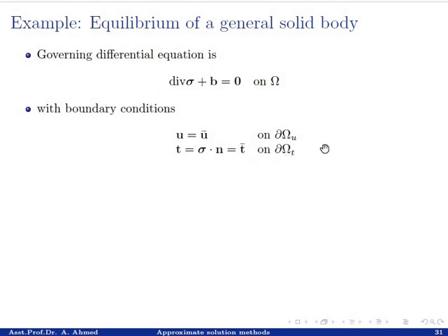You can compare this equation with the differential equation which you developed for the axial bar, and you will see that these two equations are exactly similar. So you will get d squared u over dx squared times EA is equal to minus b. In that case it was minus q, and then you had u at x equal to 0 is equal to 0, and then you had EA times du over dx evaluated at x equal to L is equal to F.